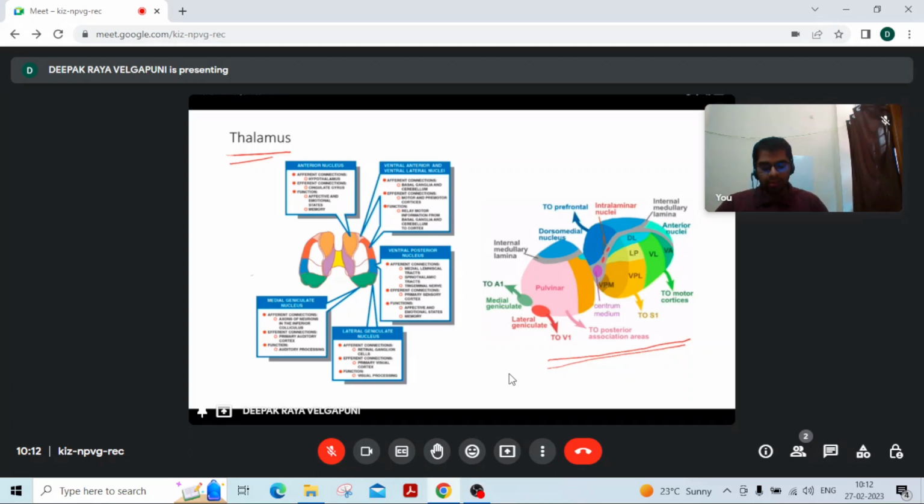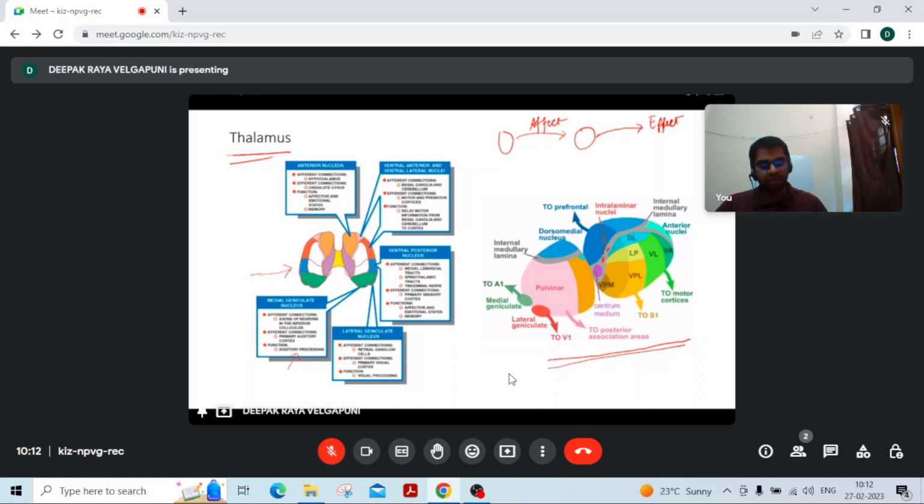This is a bilaterally symmetric structure, and you have different nuclei having different functions, different afferents and efferents. Afferent is something affecting it, and efferent is something giving an effect. It's like affect versus effect.